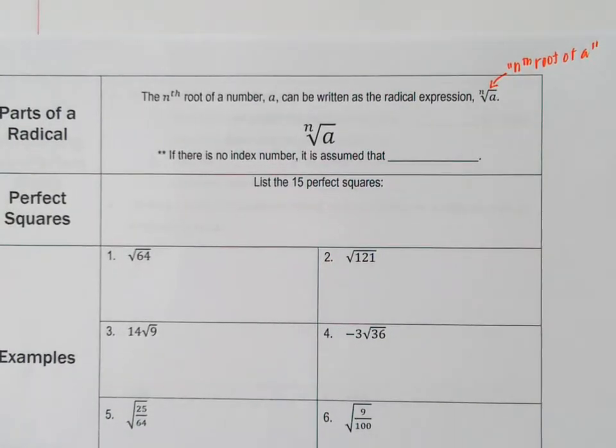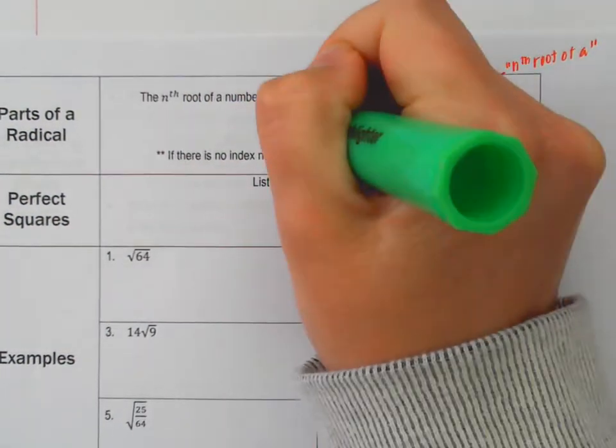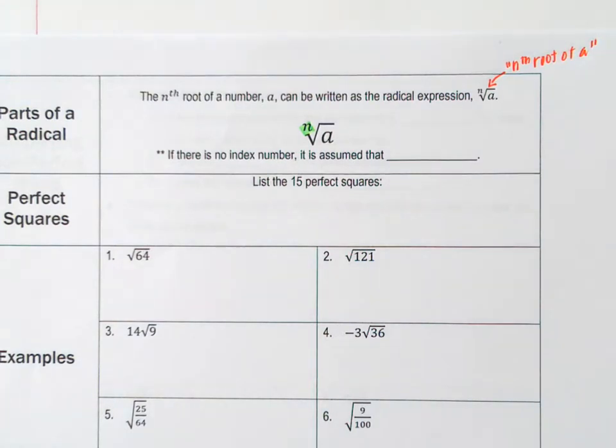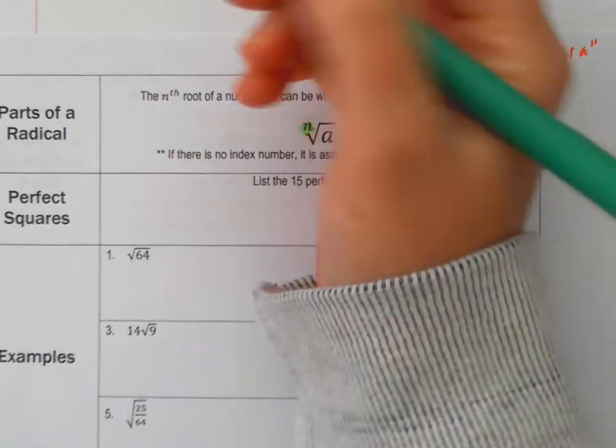Okay, so there are three different parts that are important here. The first part is this letter n, and n is called the index number.